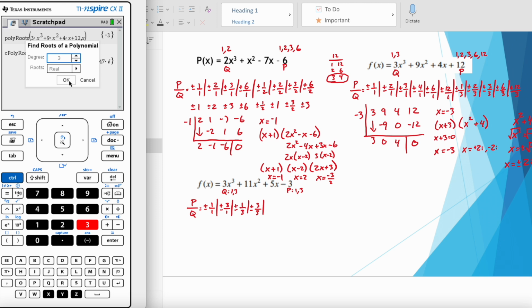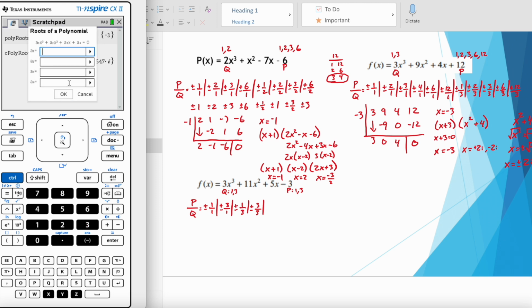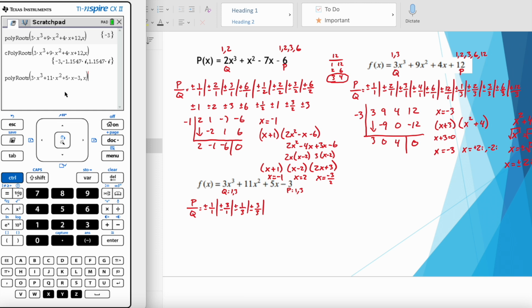Go ahead, hit OK. As we do that, we insert our coefficients, 3, 11, 5, and negative 3, and hit OK. Make sure that your polynomial that's on your calculator does match up with the one given.